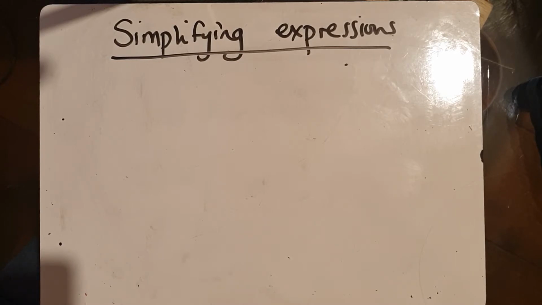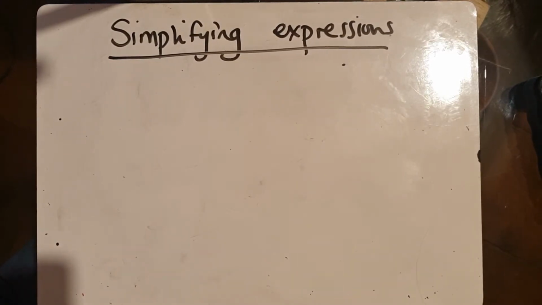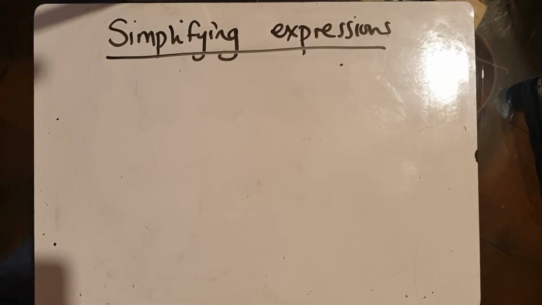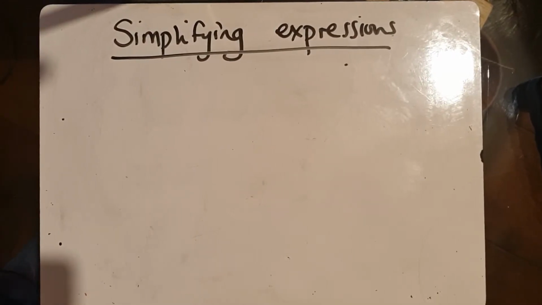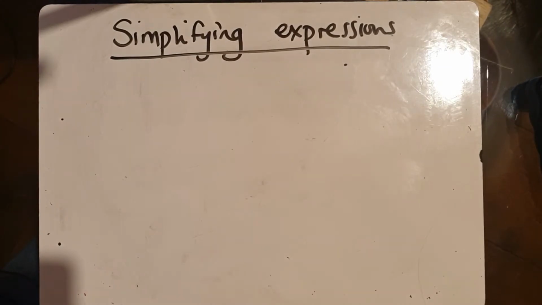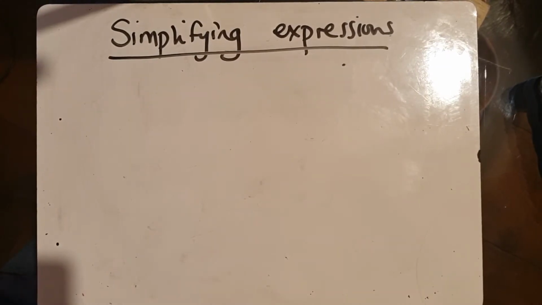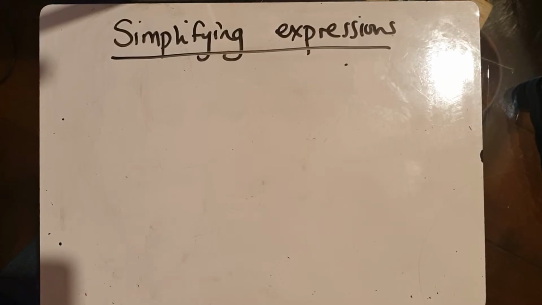So, simplifying expressions. We talked about expressions last week. An algebraic expression involves all sorts of things, including variables or unknowns. No, not unknowns. Sorry, expressions cannot have an unknown because you can't solve them. Expressions will have variables or generalized numbers. They will have terms. They will have operators.